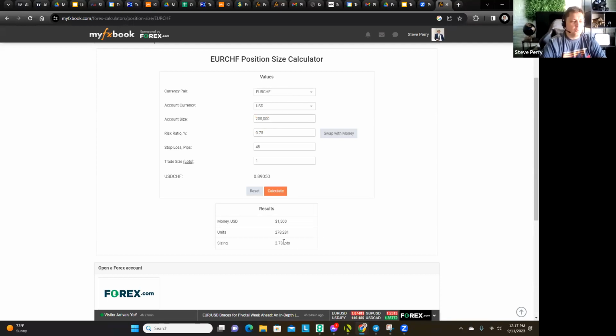And now you can see what's required to keep that laser-tight, airtight risk management. It's 2.78. So instead of it being 1.23 like it was on the pound yen, now it's 2.78. Do you see why you can't use a fixed lot size and be profitable long term?